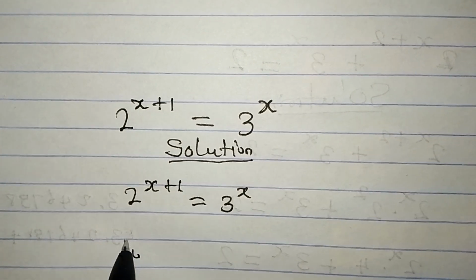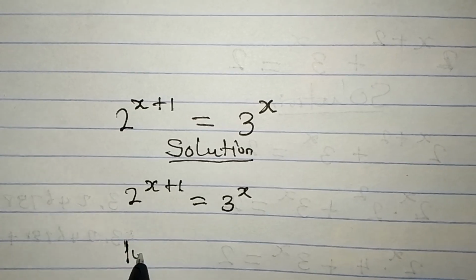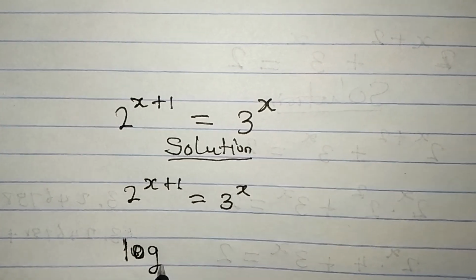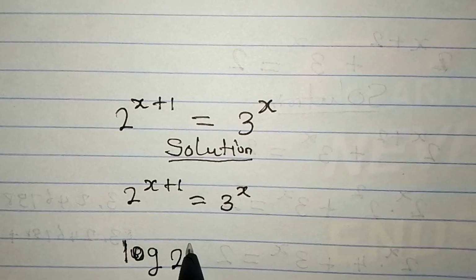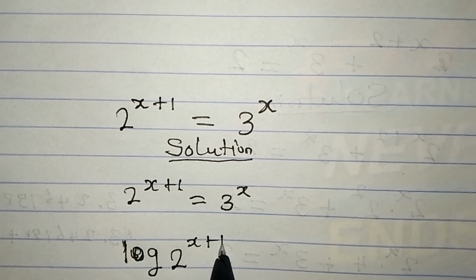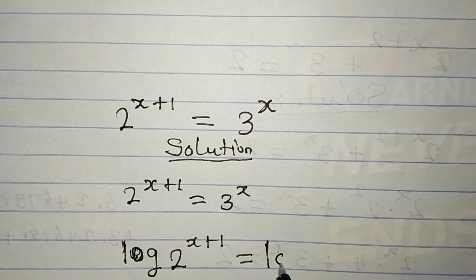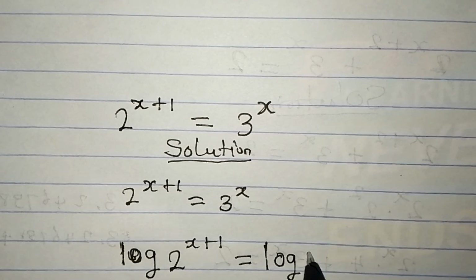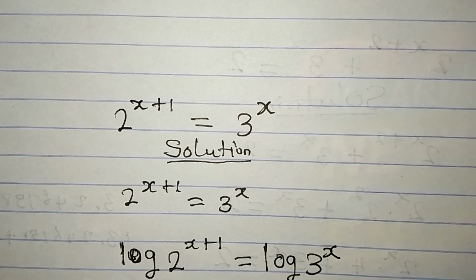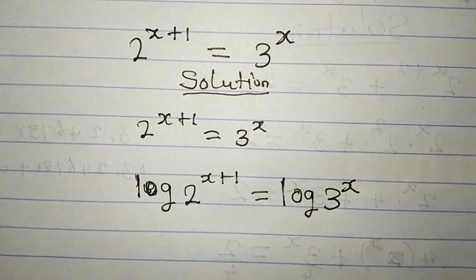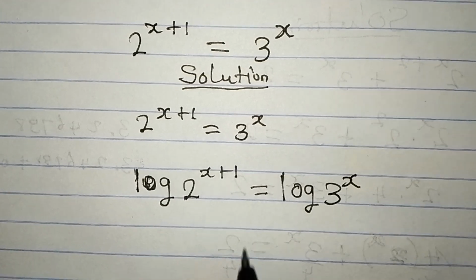So we have log 2 to the power of x plus 1, and this will be equal to log 3 to the power of x. Now, what happens to the power?